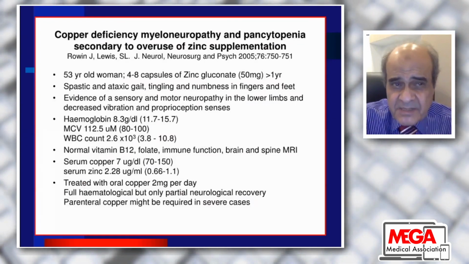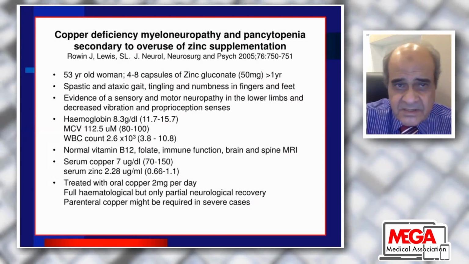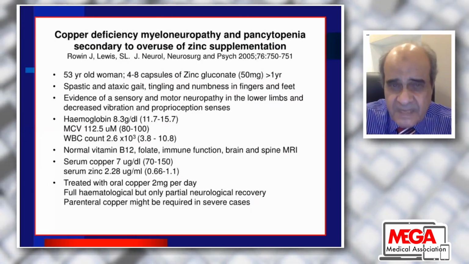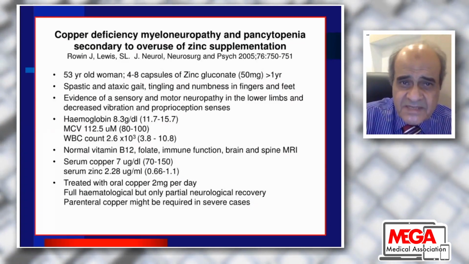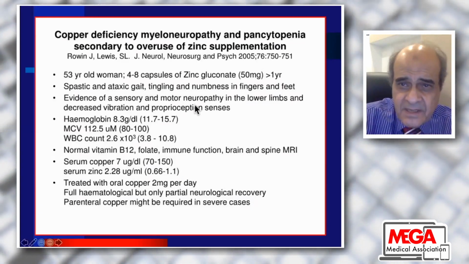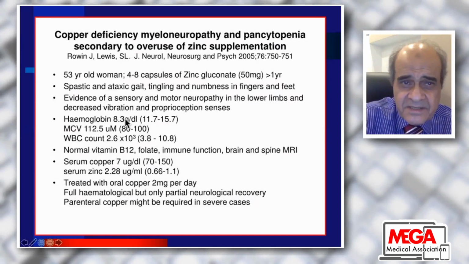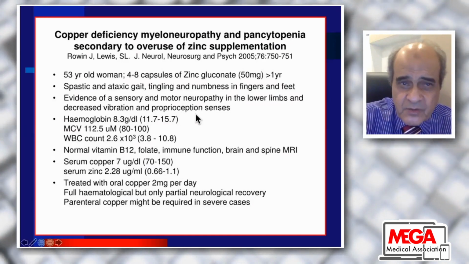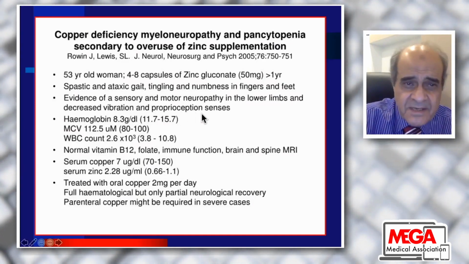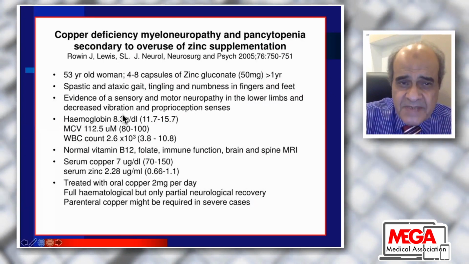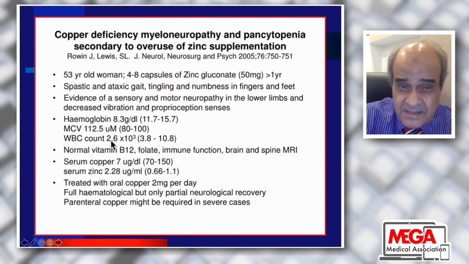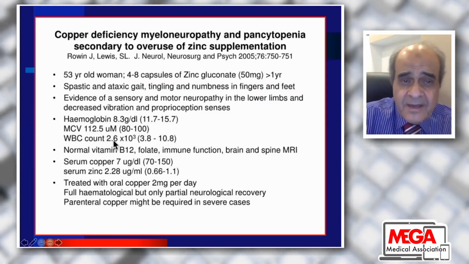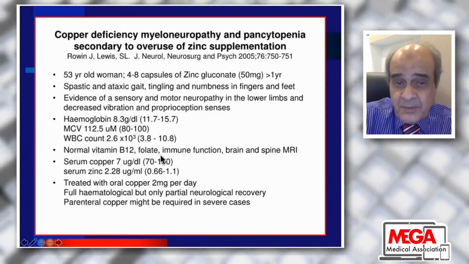The patient, in summary, is 53 years old. He took excessive doses of zinc, and after that he started suffering from sensory and motor neuropathy in the lower limb and decreased vibration and proprioception sense. The hemoglobin dropped, he is anemic, with a high mean corpuscular volume, and white blood cell count 2.6, suffering from leukopenia, but normal vitamin B12, folate, and immune functions.